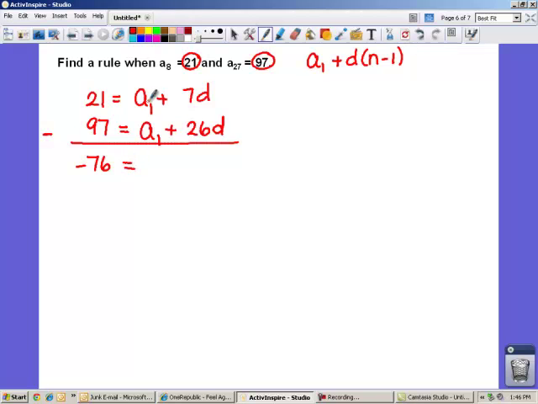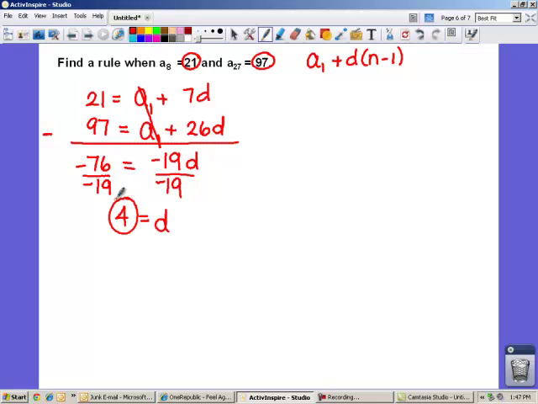Now, if you notice when you subtract, the a sub 1 terms are eliminated, and that's good. Now we have 7 minus 26, and that's going to give us a negative 19d. So all we have to do really is solve for d by dividing both sides by negative 19. So d is going to equal a positive 4.